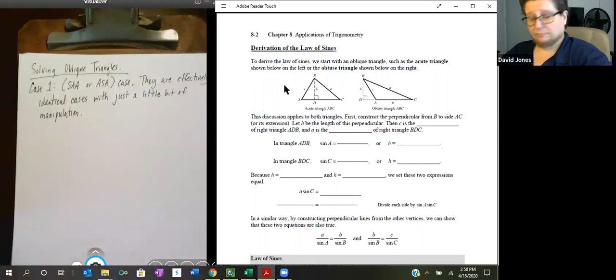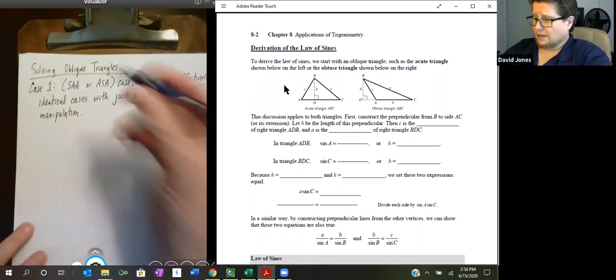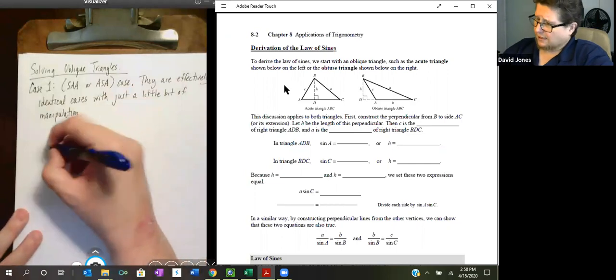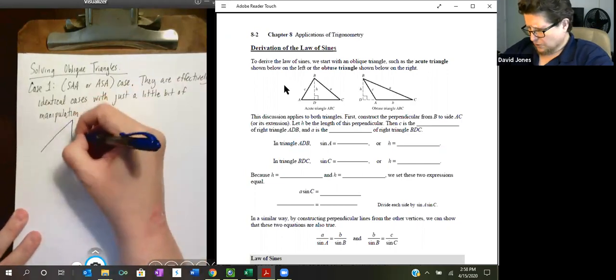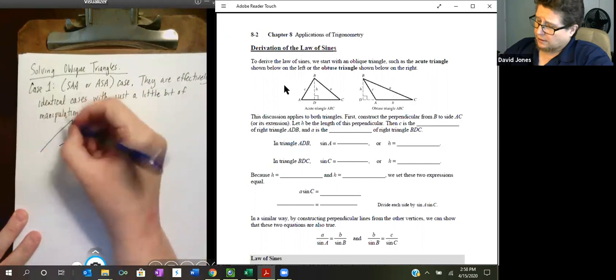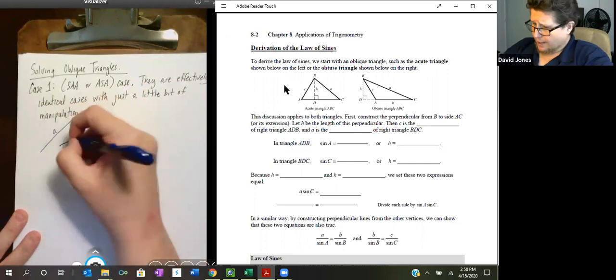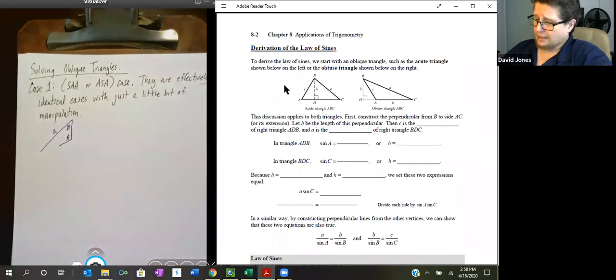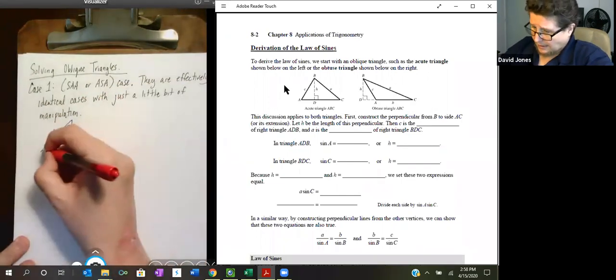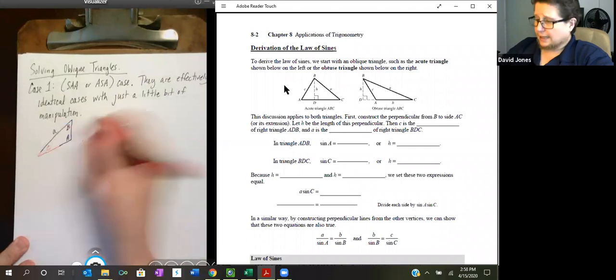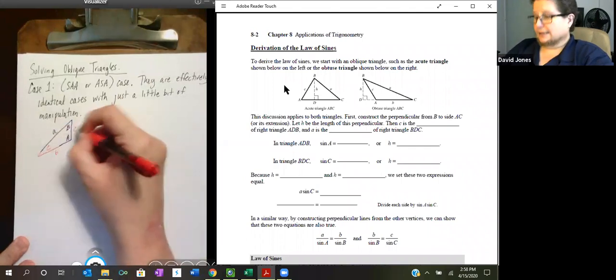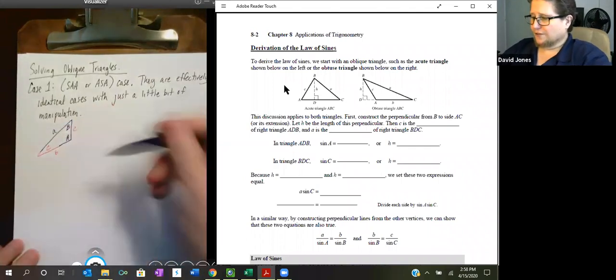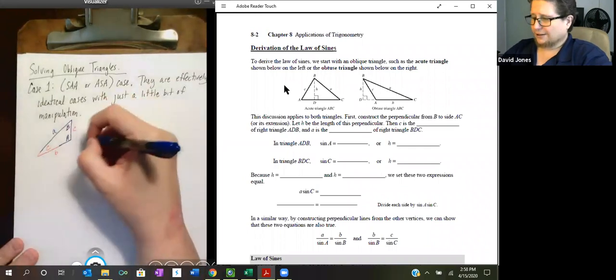Anyone know why? If we've got side angle, so little a, big B, and that makes this big C, little b, little c. How can I shift that? This is side angle.